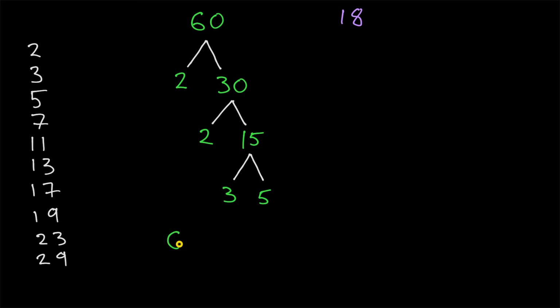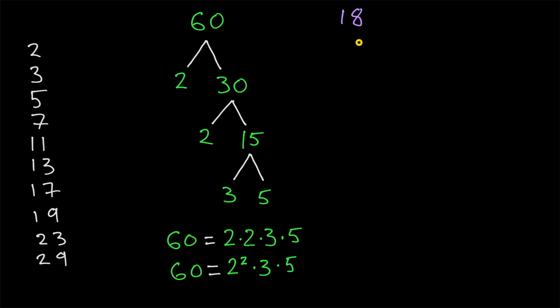So 60 is equal to 2 times 2 times 3 times 5, or alternatively, 60 is equal to, we can combine these two 2's, 2 times 2 is simply equal to 2 squared, times 3 times 5.